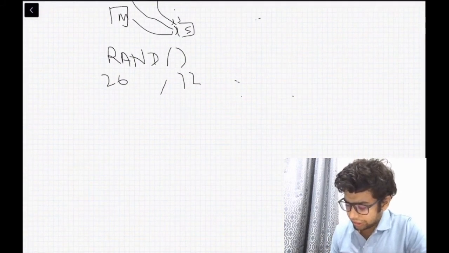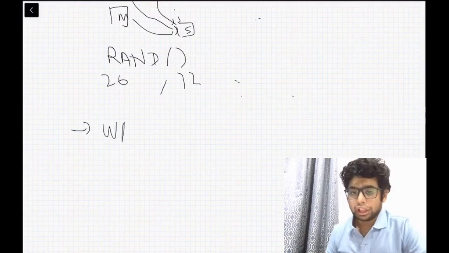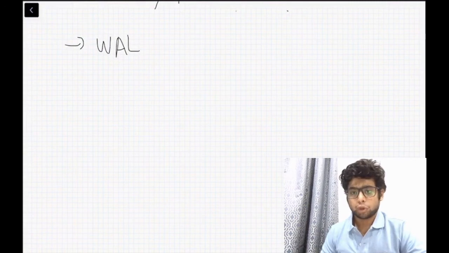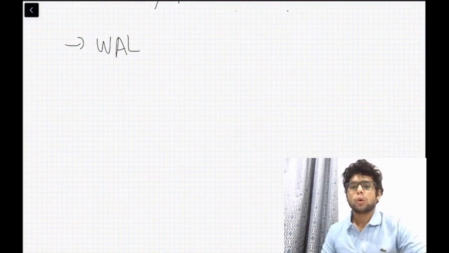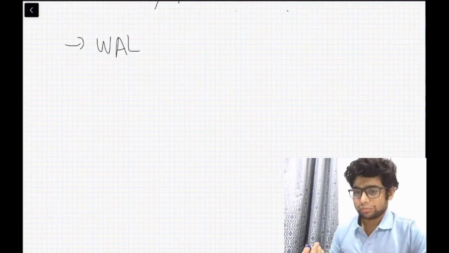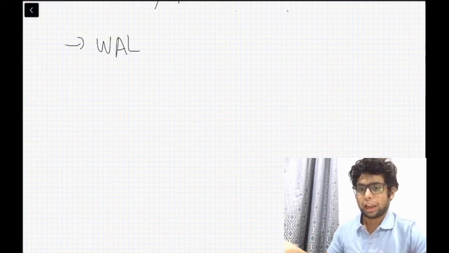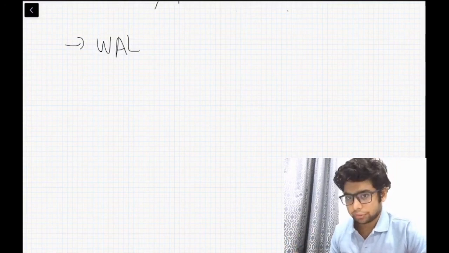Another way is write ahead logs. In this way, whatever is written at a lower level to our system is copied to another slave. So let's say at the end of the day, if I write anything on the database, it would be written on the file system or the RAM, for simplicity.